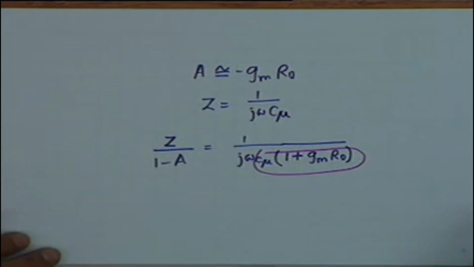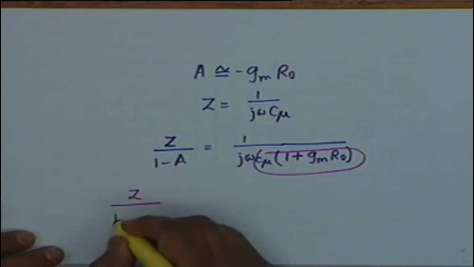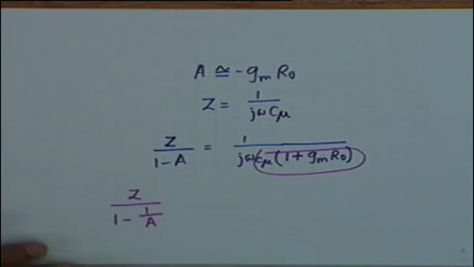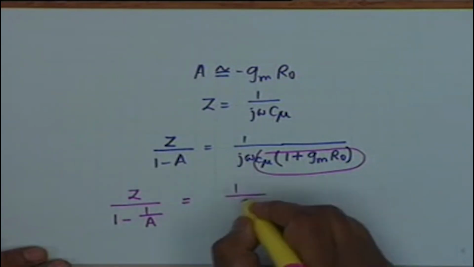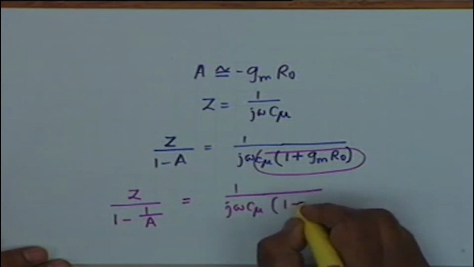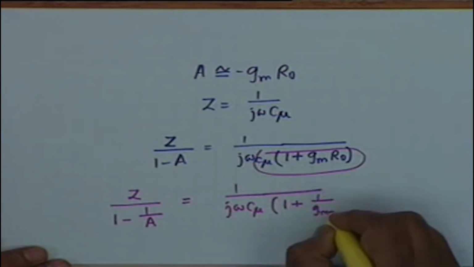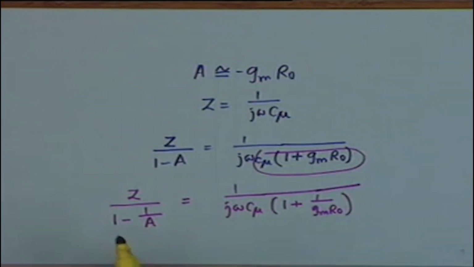Now, what happens to the output circuit? At the output circuit, it is reflected as Z divided by 1 minus 1 by A, which means it is 1 over j omega C mu times 1 plus 1 over gm R naught. And if gm R naught is of the order of 100, then safely this term can be ignored.